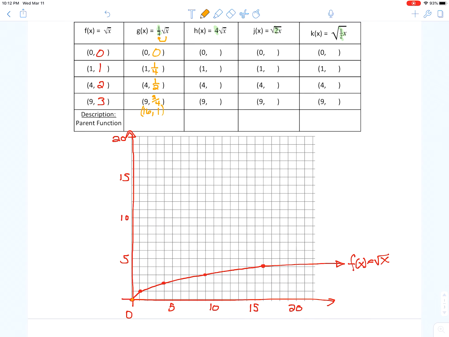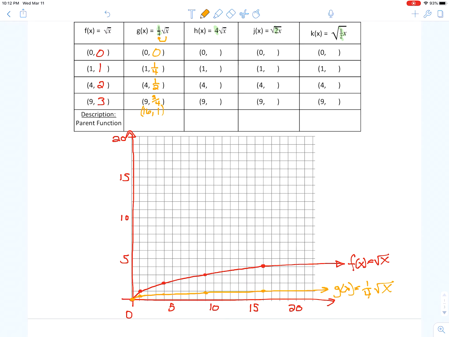0, 0, 1, 1/4, 4, 1/2, 9, 3/4, 16, finally 1. Oh my goodness, that is a slim looking graph. That is g of x equals 1/4 square root of x.